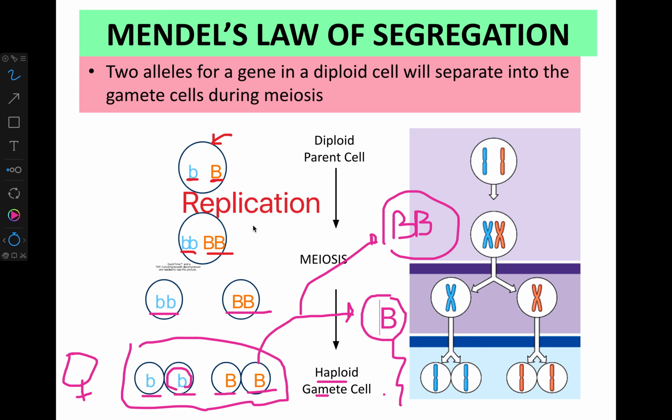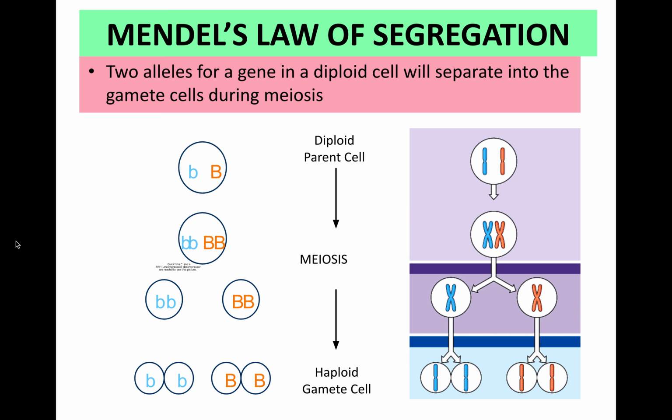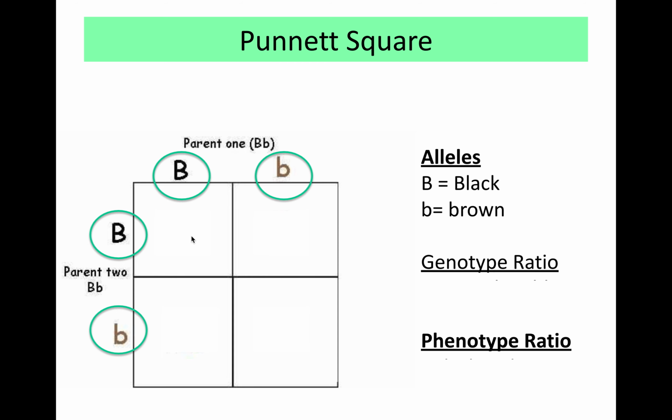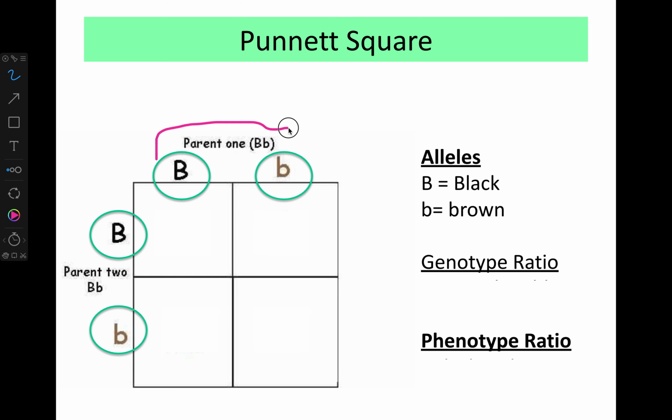So what we developed is a way to model this using a Punnett square. So instead of doing the meiosis and then figuring out all the possible matches, we model it with a Punnett square. Okay, so let's try that. So here in parent 1, let's say this is the mom.